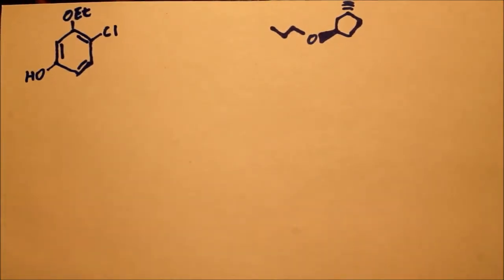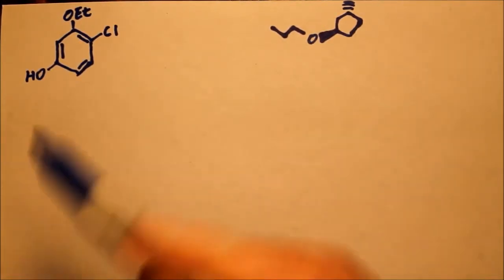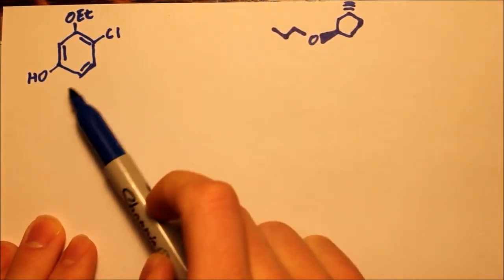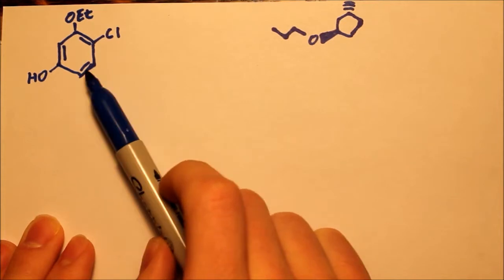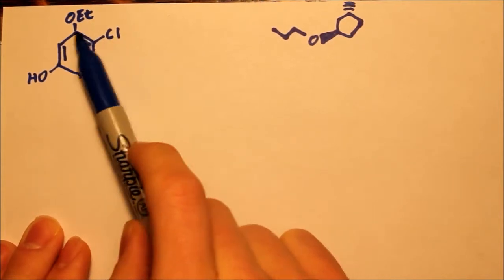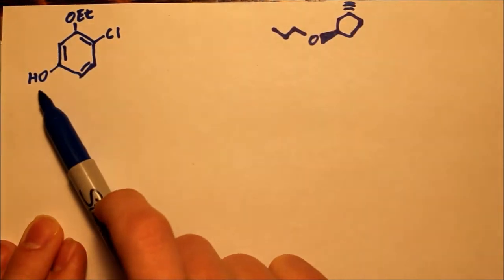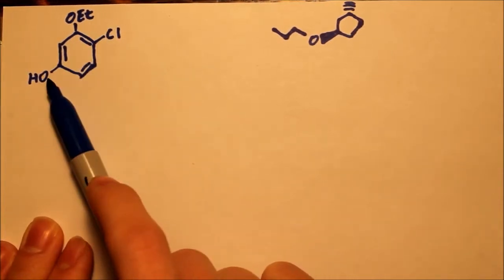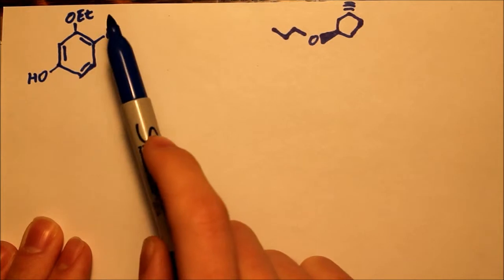Alright, now we're going to continue on a bit with a few more examples of ether nomenclature. And with this first compound we'll start with, since they're all substituents on a ring, we look to determine which one has the highest priority. Well, we know halogens are pretty low on the list, ethers are pretty low, and alcohols are definitely higher than both of them.